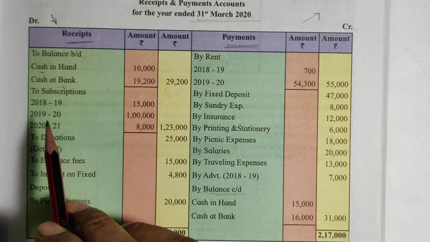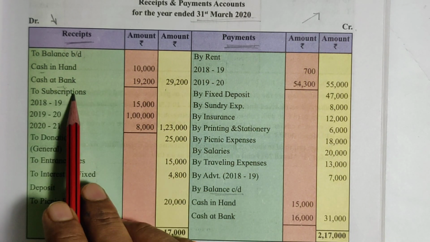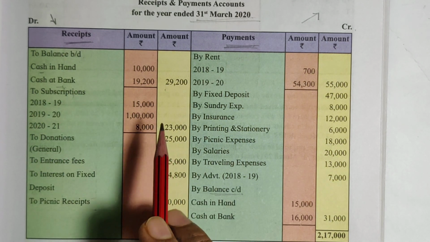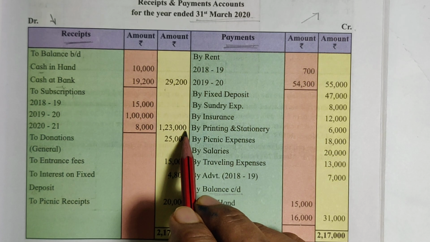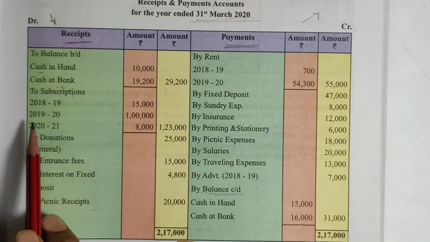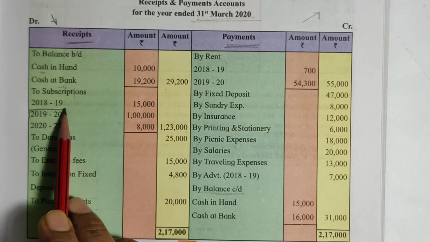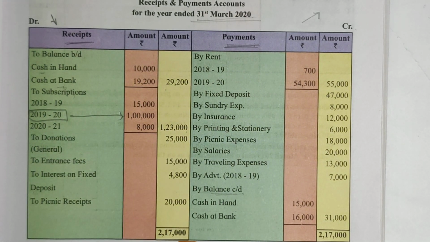Let us see various receipts made during the year. To subscriptions. Total subscriptions received during the year are rupees 1,23,000. Out of this, subscription belonging to this particular year, that is 2019 and 20, are rupees 1 lakh.